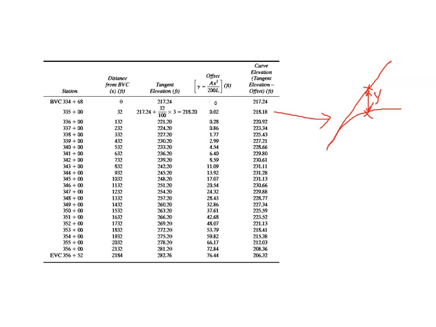After 356 you cannot go to 357, because before 357 the curve ends. So the last point will be EVC. x will be equal to the length of the curve, and if you repeat the calculations you will get the elevation of EVC, which we have already calculated. So you can check your calculations by EVC.